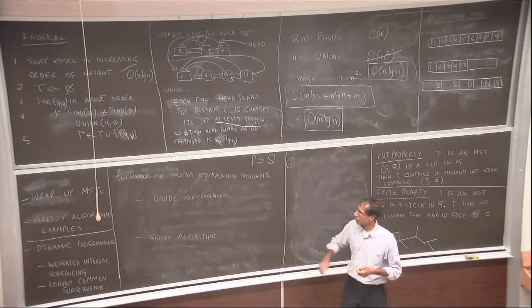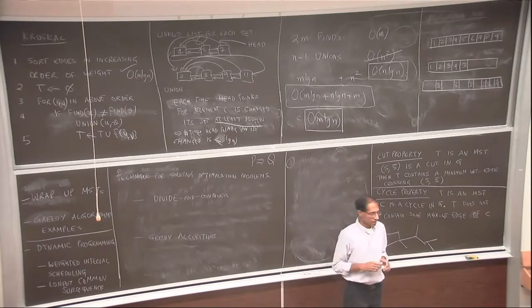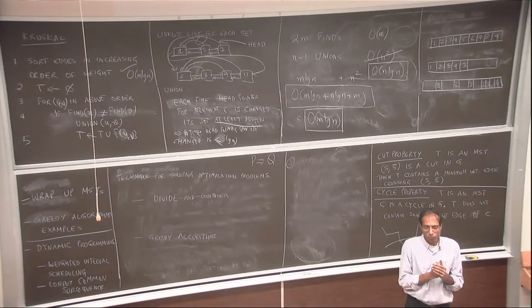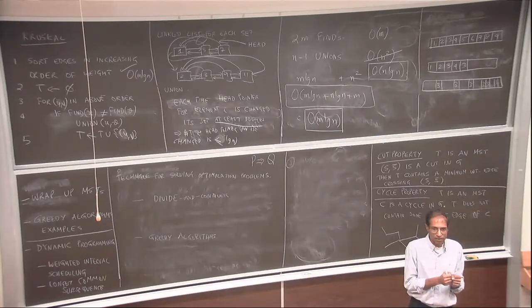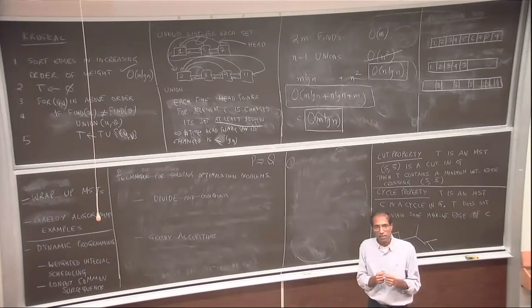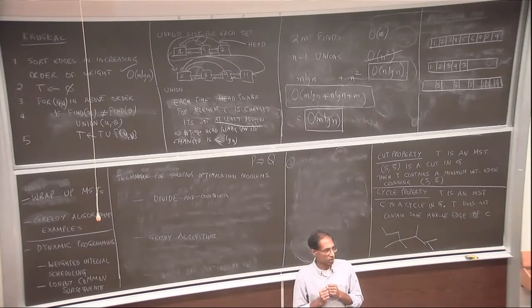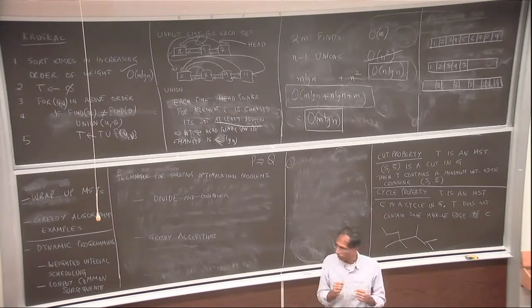The similarity to greedy algorithms is that in a greedy algorithm, what do we try to do? We try to identify some choice we can make right now that we are sure will eventually be in the optimal solution. That's what the greedy algorithm is.